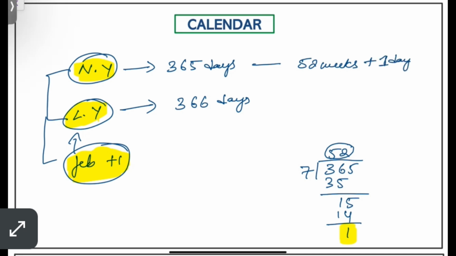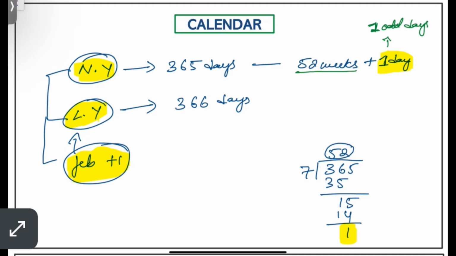In calendar terms, we name this 1 day one odd day. So the extra day that we get after converting to weeks, we call it odd days in terms of calendar.